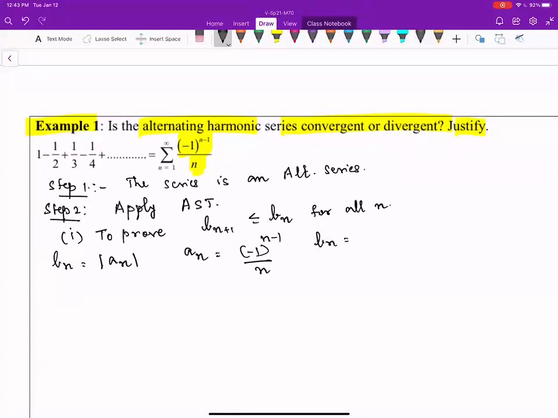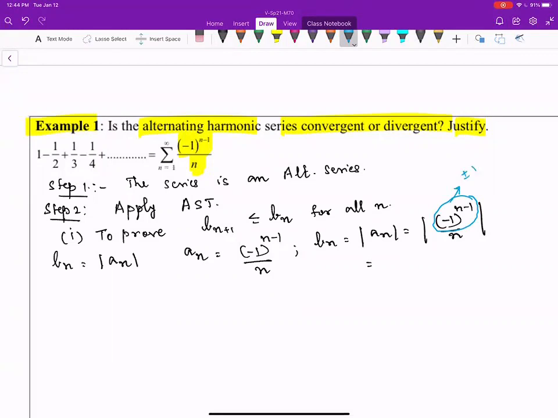So b sub n would be the absolute value of a sub n, which is the absolute value of negative 1 to the power n minus 1 over n. The negative 1 to the power n minus 1 part only gives us a negative or positive sign, so this will be just plus or minus 1, depending upon the value of n.